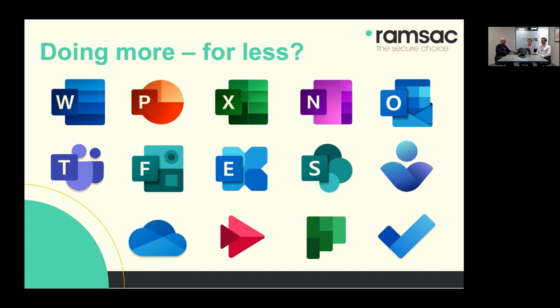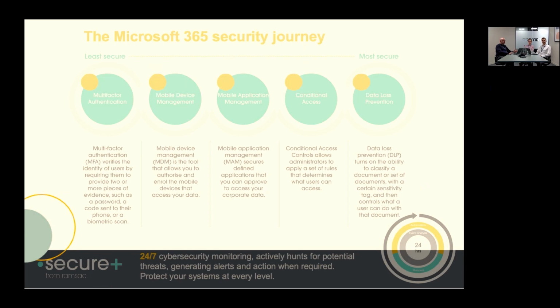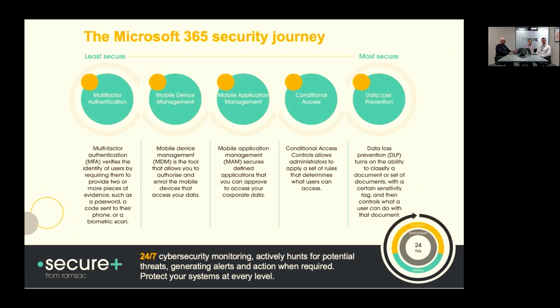So just to summarise, we present this as a staged process from least secure to most secure. What we've talked through today is multi-factor authentication, then managing the devices that you own, managing the data that sits on the devices that you don't own, and then through both conditional access and data loss prevention, putting in detailed, quite granular rules about who can do what.